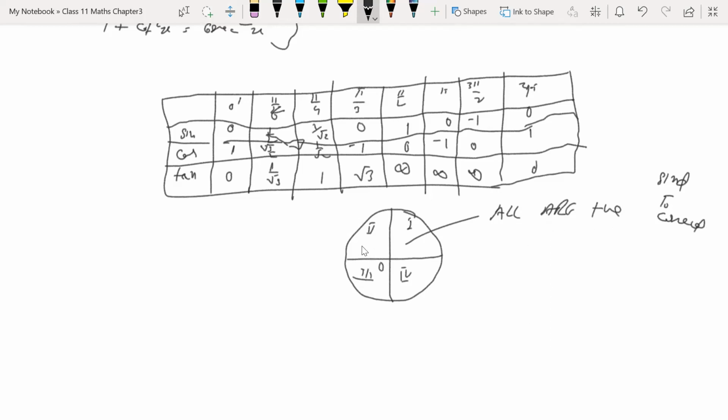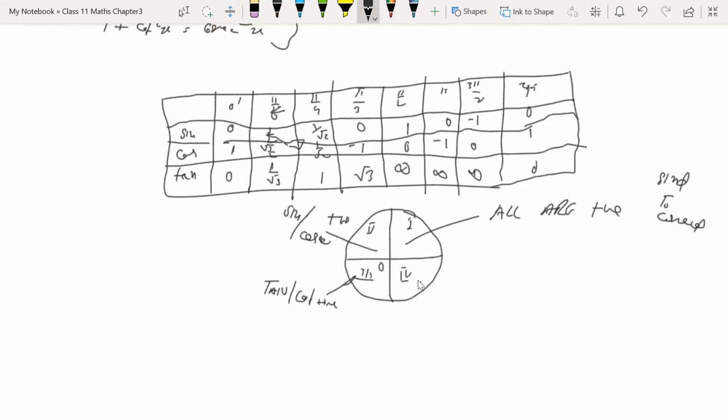In the second quadrant, sine and cosecant are positive. In the third quadrant, tangent and cotangent are positive.